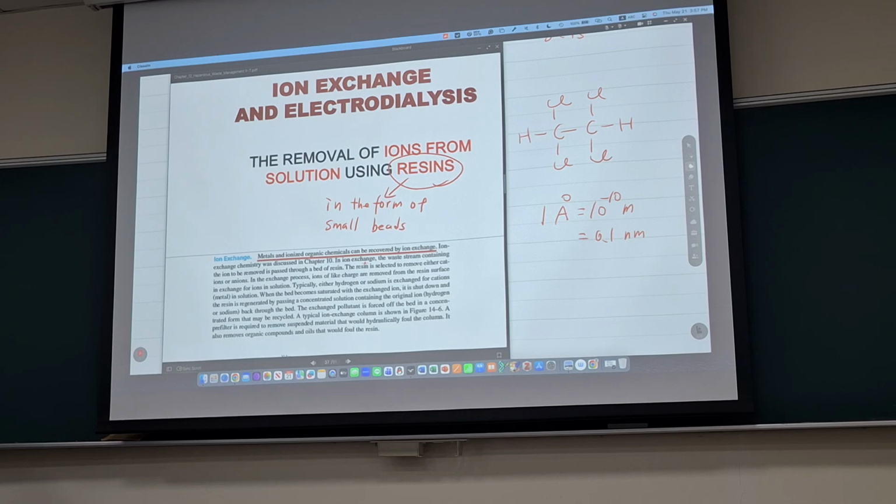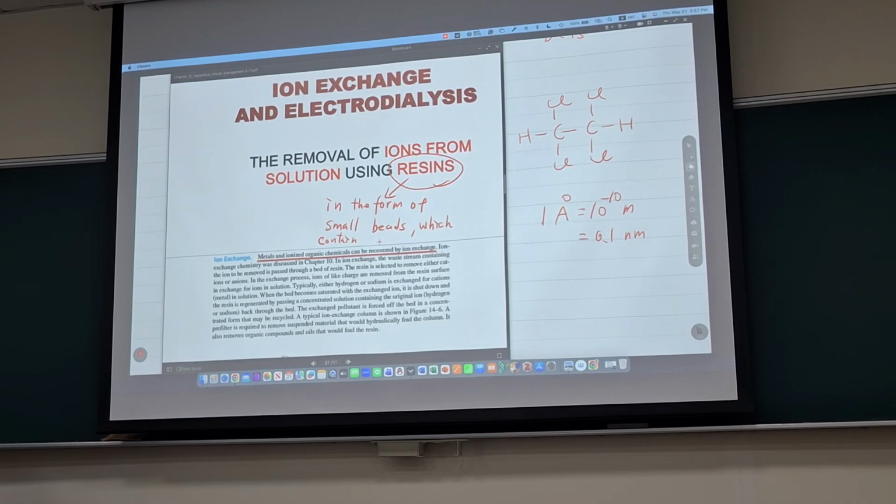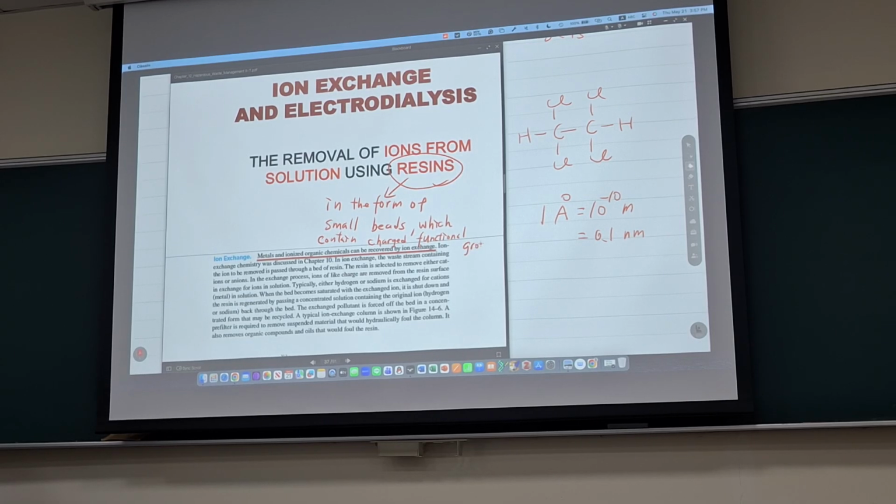Those resins usually in the form of small beads contain charged functional groups. Okay, we use some charged functional group for the ion exchange.